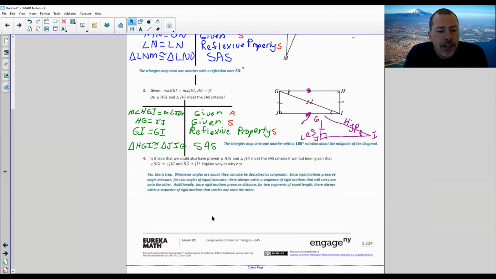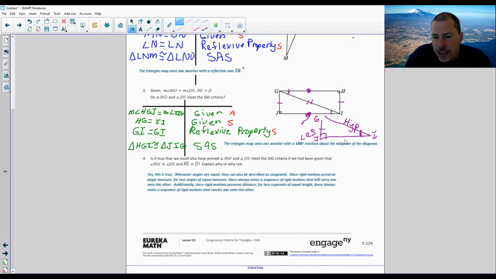So we would say, yes, it is true. Whenever angles are equal, they can also be described as congruent, since rigid motions preserve angle measures. For two angles of equal measure, there always exists a sequence of rigid motions that will carry one onto the other. Additionally, since rigid motions preserve distance, for two segments of equal length, there always exists a sequence of rigid motions that carries one onto the other.